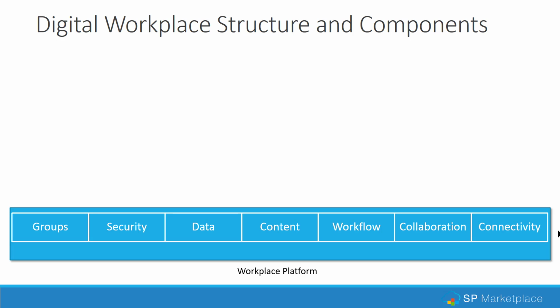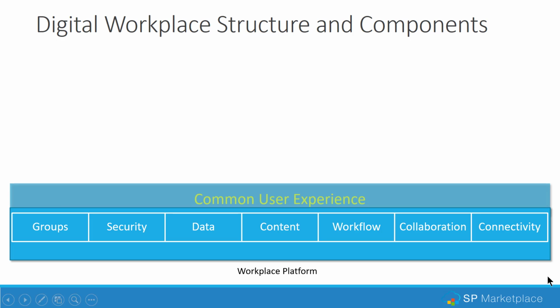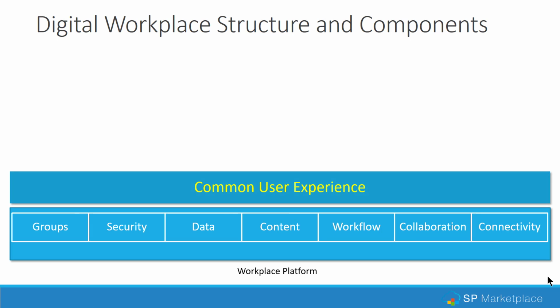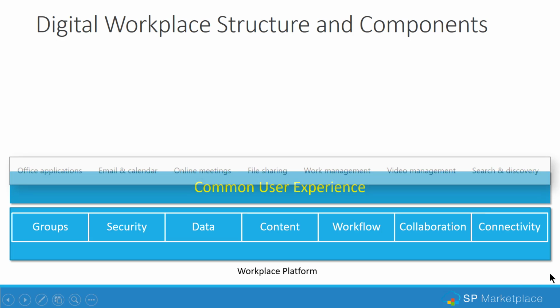Also, collaboration tools at all levels, whether it be email, chat, meetings, and then connectivity in a consistent way to outside systems and outside web services. And most importantly, as part of this is a common user experience off of this platform. This is really the core to your success of a digital workplace, to be able to manage at a single platform point, as well as deliver user experience in a consistent way.